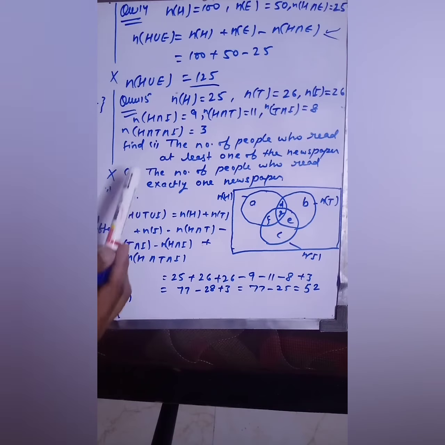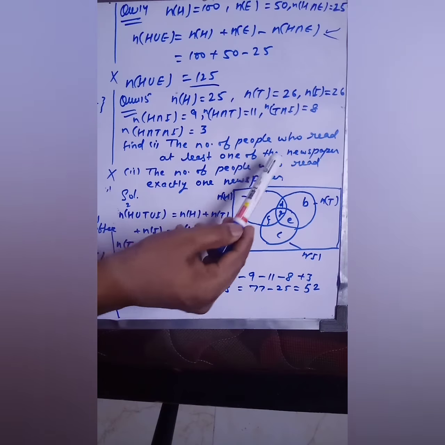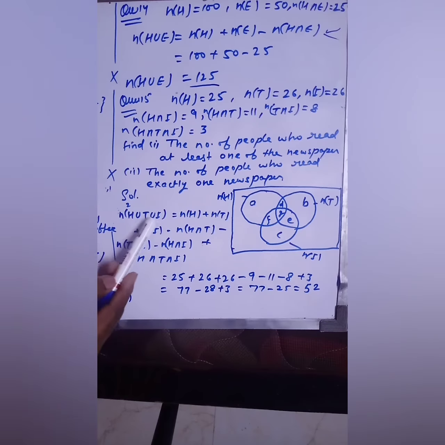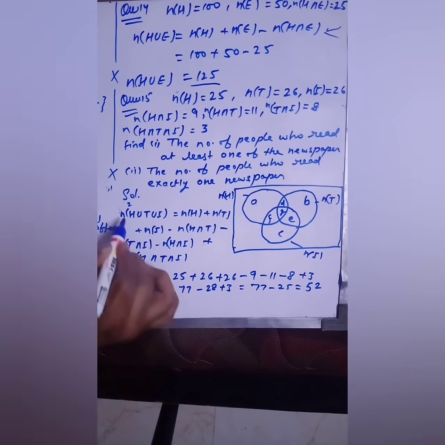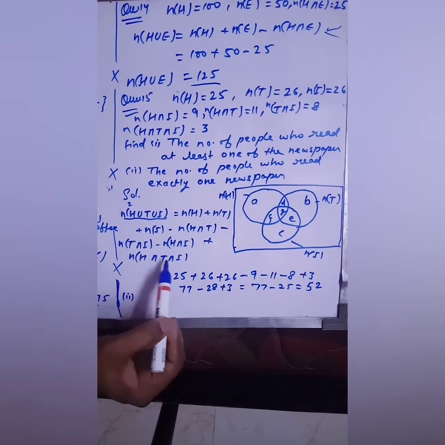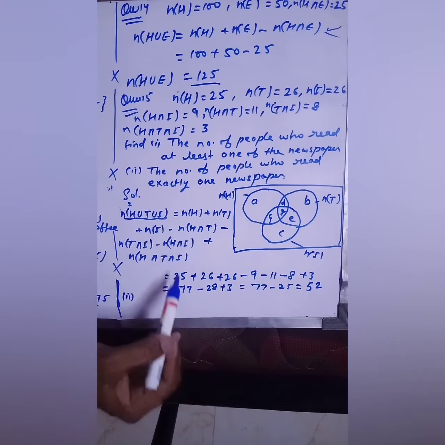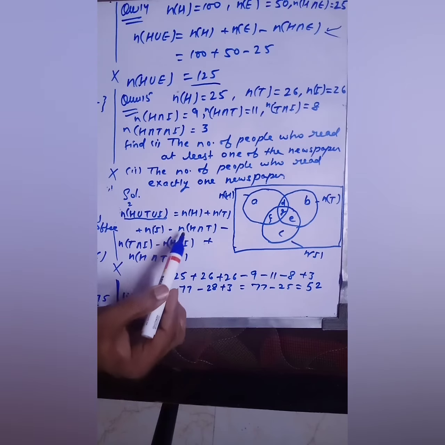So first we are solving the first part. What is the meaning of the statement "at least one of the newspapers"? That means you have to find the union of all the 3. This union you have to find out. So I'm writing the whole formula here and putting in the values. n(H) is 25, T is 26, and I is 26.